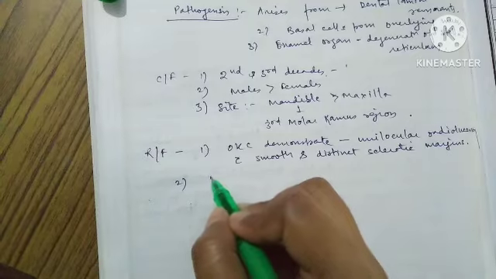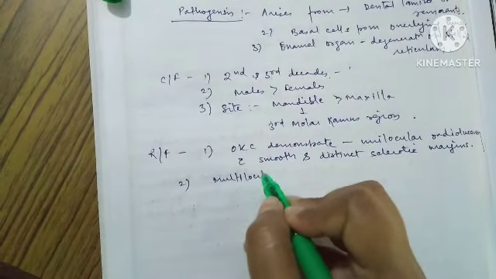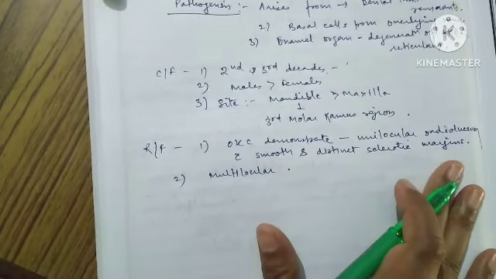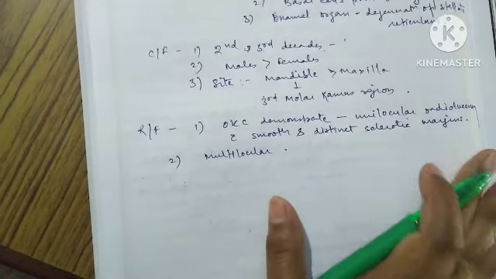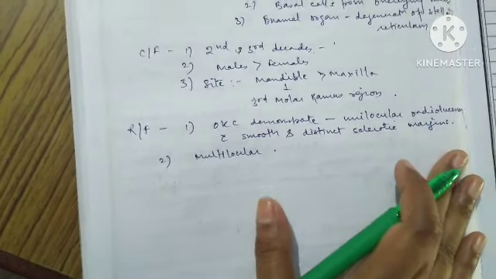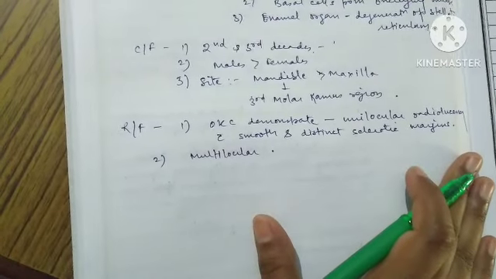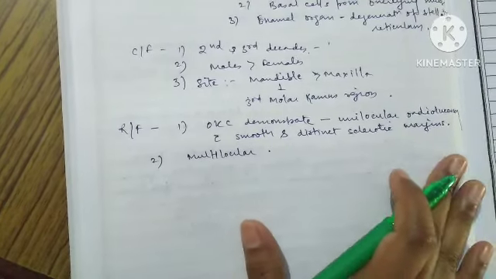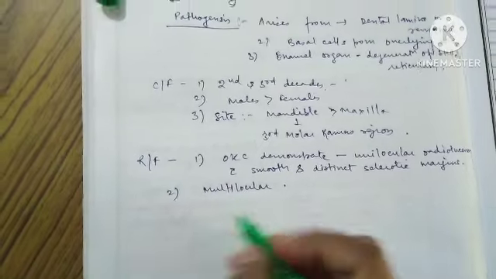It can be multilocular also. Multilocular radiolucency is also seen, right? 23% of all OKCs are multilocular. The multilocular variety is also misdiagnosed as ameloblastoma, right? Multilocular OKC may be present in nevoid basal cell carcinoma syndrome, also known as Gorlin-Goltz syndrome, right? Gorlin-Goltz syndrome.